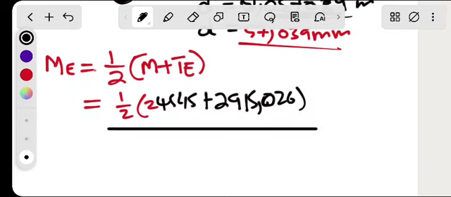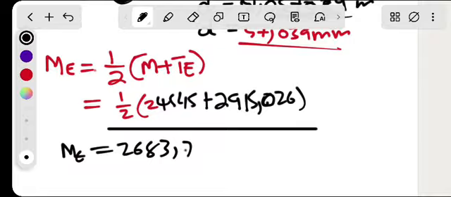Then punch this there, you'll have this should be equals to 2683.763. This is Newton meter.